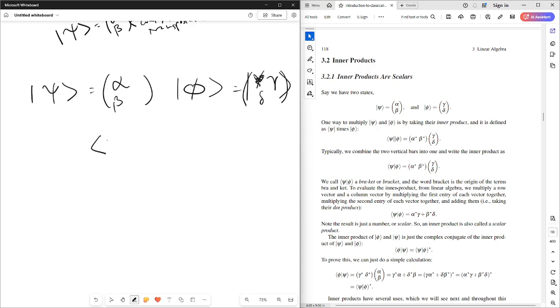So we take the bra form of our psi, and we multiply it by our ket, the original ket form, a row.